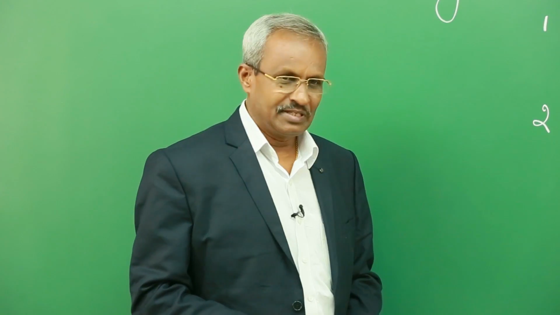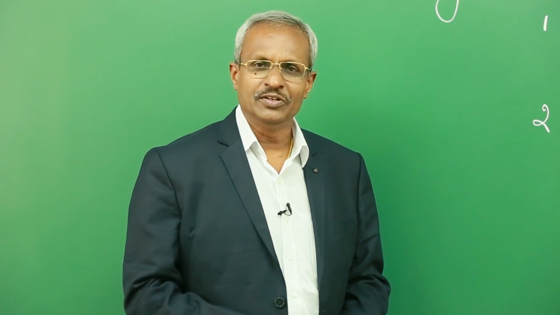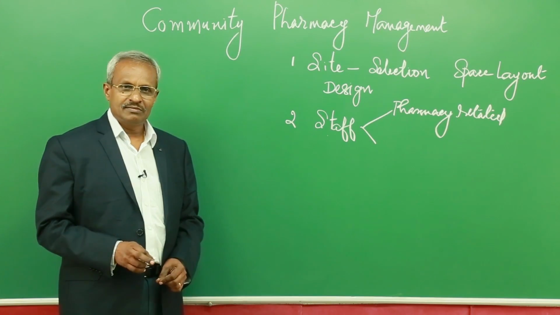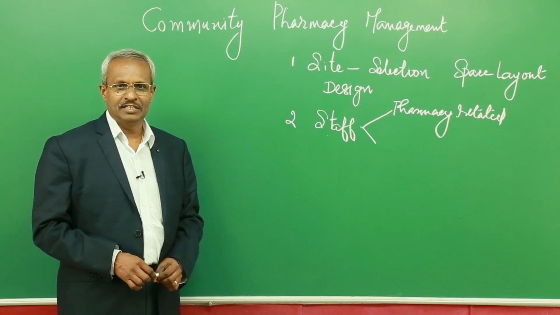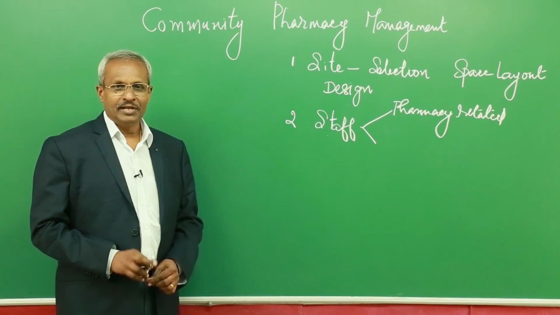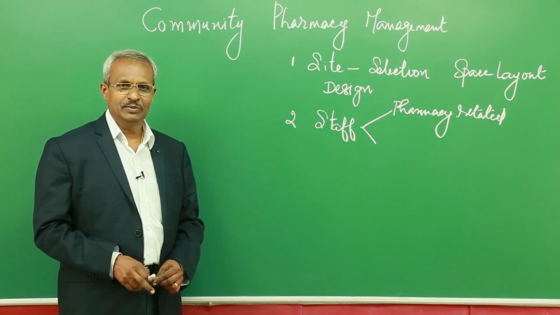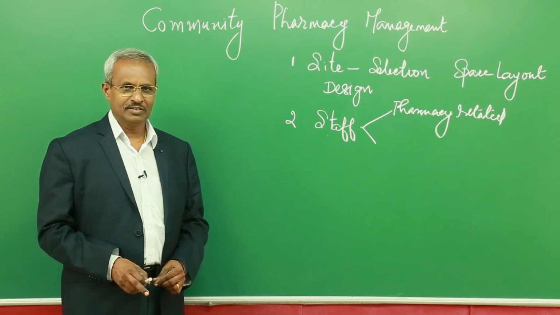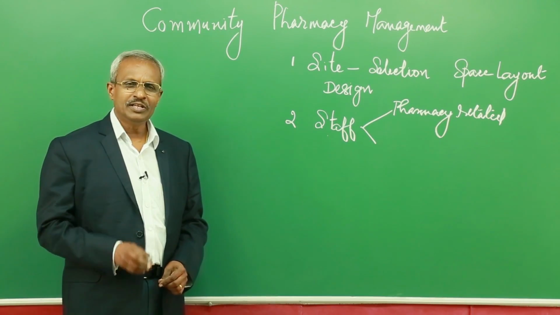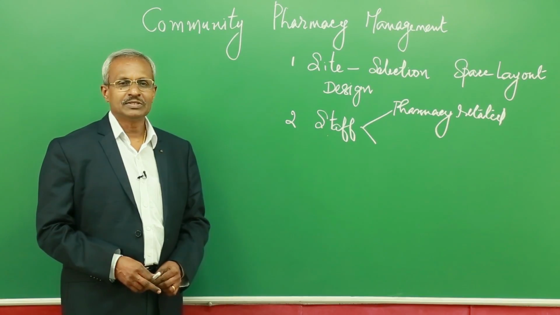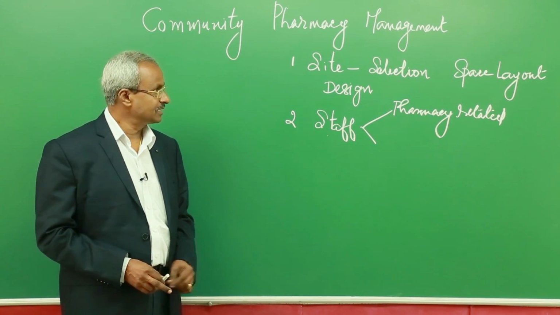So in the selection of staff for a community pharmacy, the pharmacist is an integral and essential part. The basic principle of a community pharmacy says that the pharmacy should work only in the presence of, and should start only with the presence of, pharmacists in the establishment.